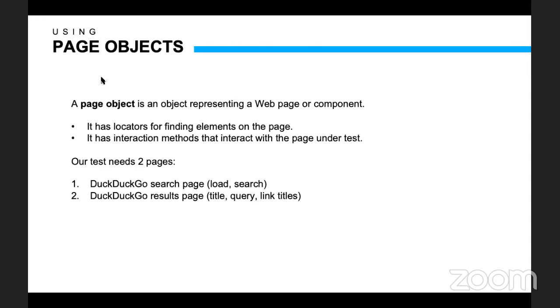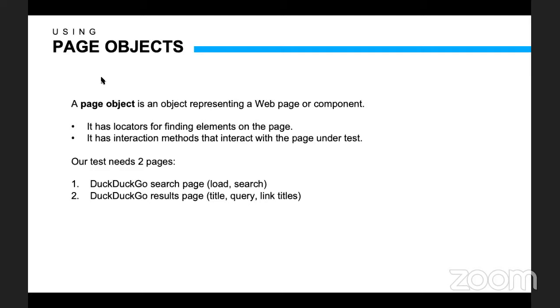A page object will have locators for finding elements on a page, such as ID or class name or CSS selector. And page objects will also have interaction methods that will do the clicks, that will send the text, that will scrape the information, that will make choices in your dropdowns. And so a test case will essentially be constructing a page object and then making calls to those methods, which internally will use those locators.